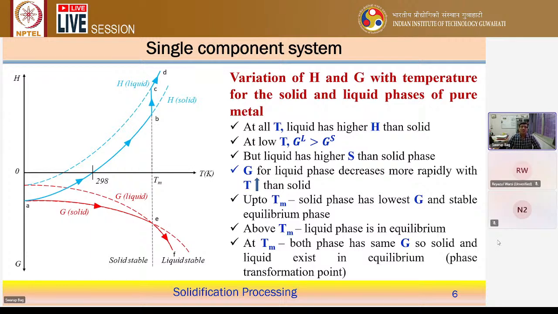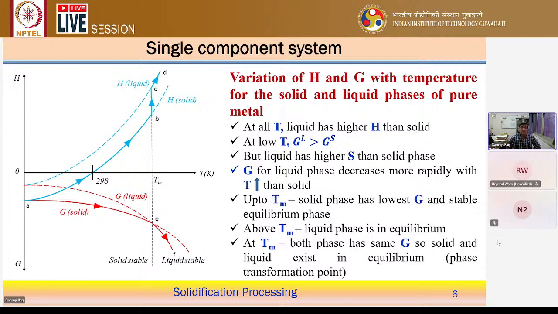Here you can see that the enthalpy H for the dotted line, the liquid phase, gradually increases with increasing temperature. When there is a change of phase from solid to liquid at the melting point temperature, there is an increment of the enthalpy.